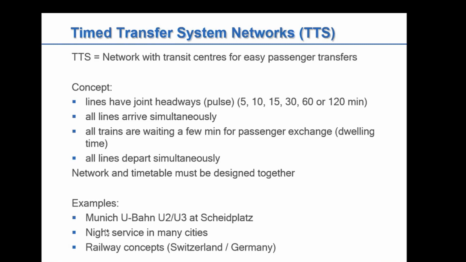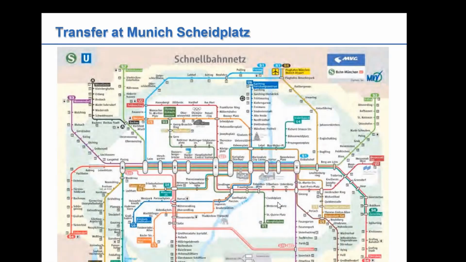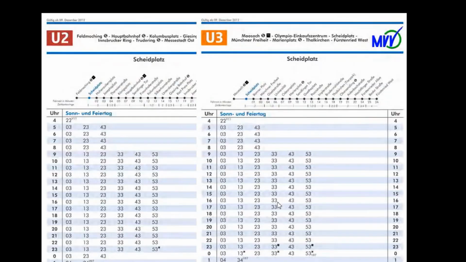A typical example can be observed in Munich, Germany, at Scheidplatz. As you can see here, we already mentioned that there should be the same pulse or the same headway. Here you can see the hours and the days, starting from Sonntag bis Freitag, from Sunday till Friday.